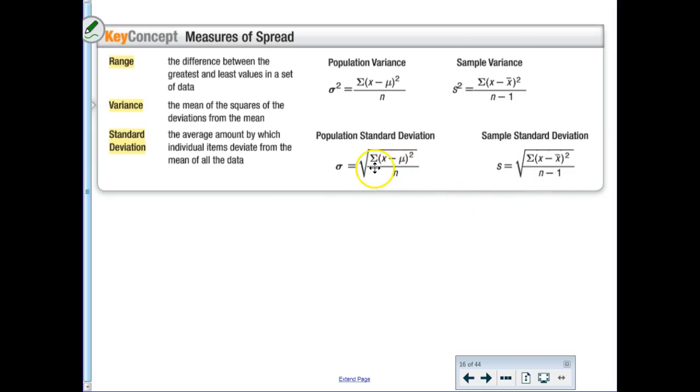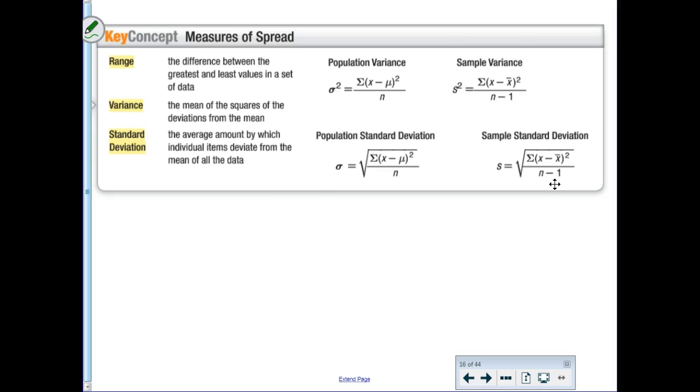The top is different in both of these because they're taking the statistic minus the population mean versus the statistic minus the sample mean. If you're looking at a sample, you'd use sample data. If you're looking at a population, you use population data. But notice in the denominator, they're dividing by n for the population, and by n minus 1 for the sample. What happens when you divide by a smaller number?